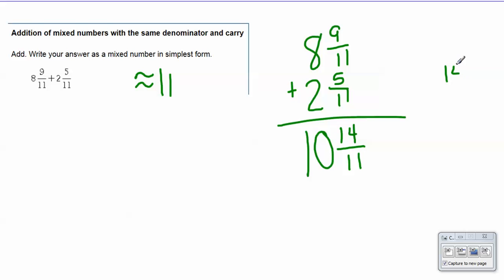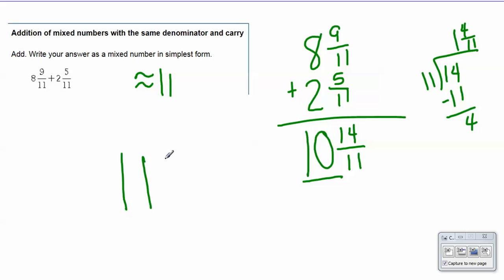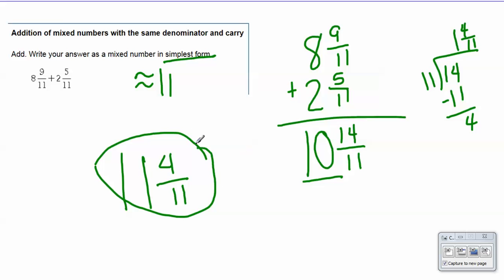My 14 elevenths equals 1 and 4 elevenths. I'm going to add that to my 10 for 11 and 4 elevenths as my final answer. Be careful. Make sure that we're always putting it in simplest form, which we have in each of our examples, and I hope this helps you with this skill.